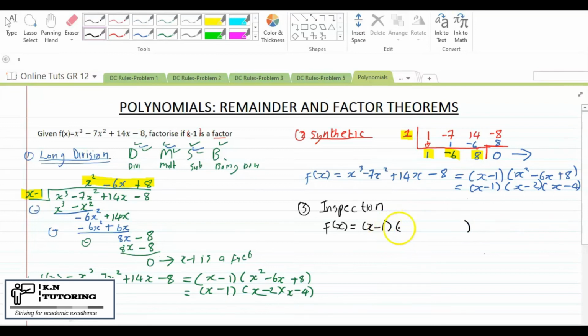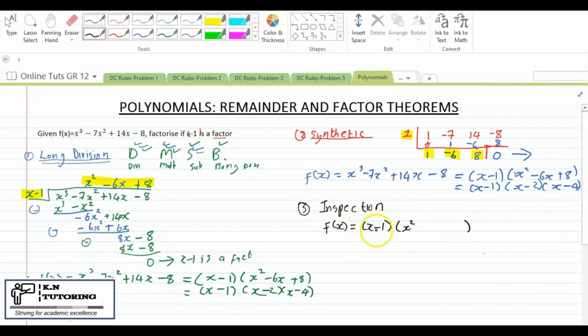So what we do here, that's why we call this an inspection method, we're going to say, okay, I have x here, and I need to multiply this x with a term that will give me x cubed. So the question is, what is it that I can multiply x with to give me x cubed? And the answer is x squared. In other words, I'm saying, what is x cubed divided by x? And the answer is x squared.